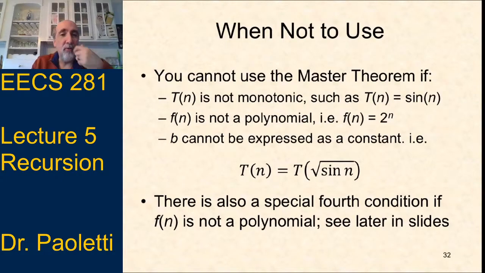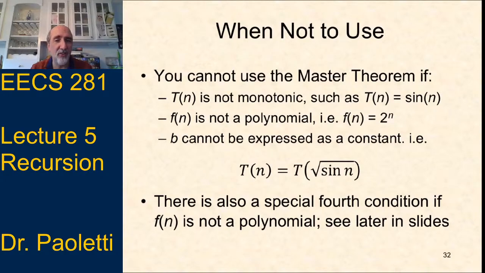Okay, now there is a fourth condition. The fourth condition is one I would consider fair game for the lab exercises, but not for the exam. So the fourth one is saying, what if, or wait, sorry, we're not quite at the fourth one yet. I'm one slide too early. So we can't use the Master Theorem if T of n is not monotonic.